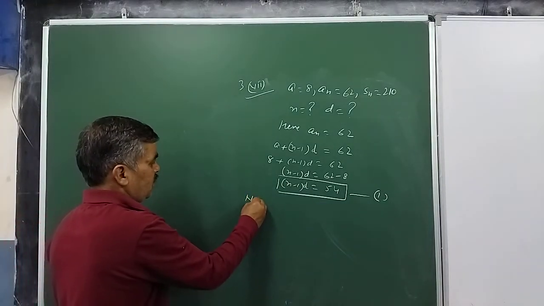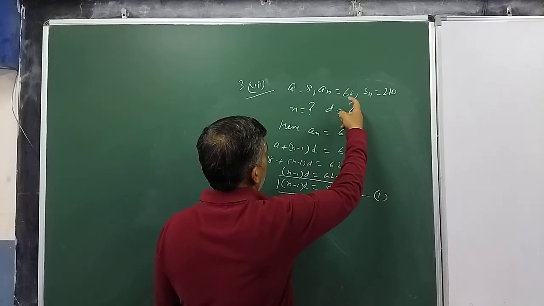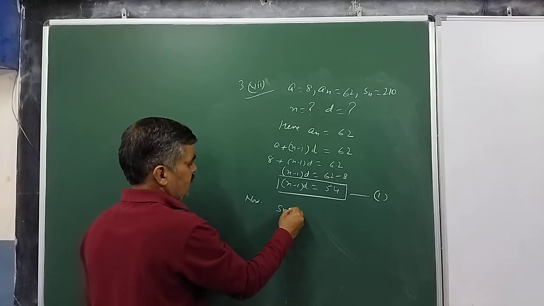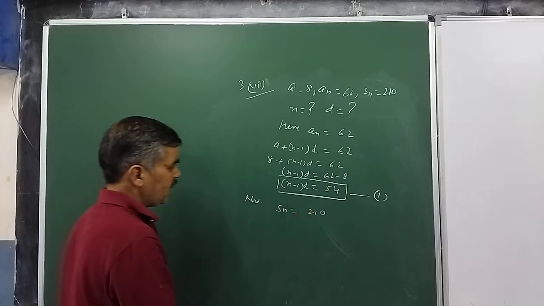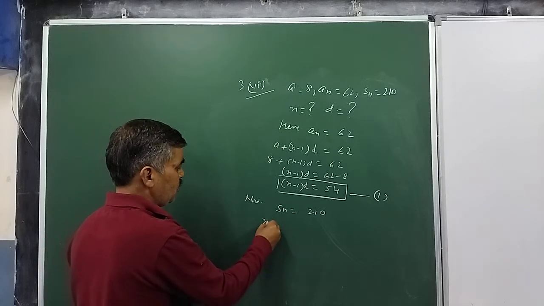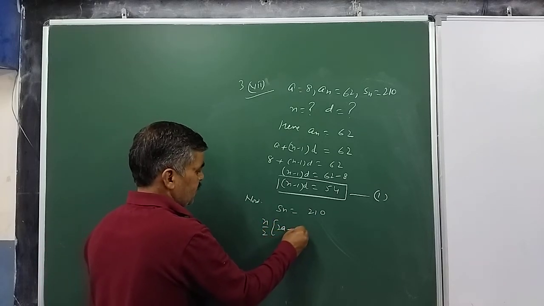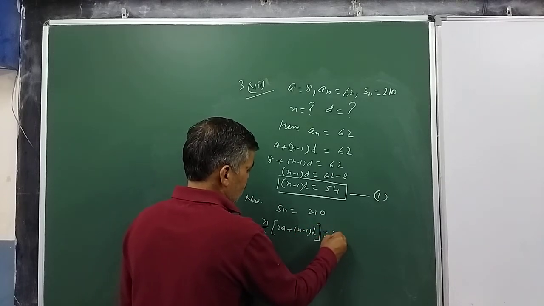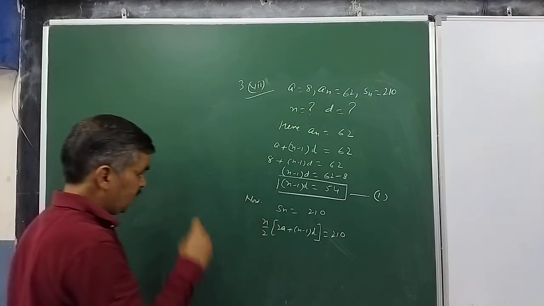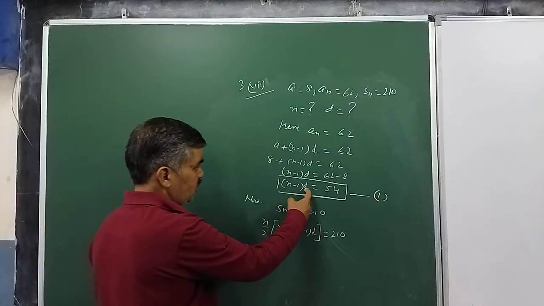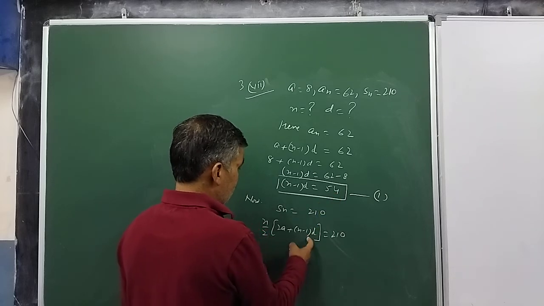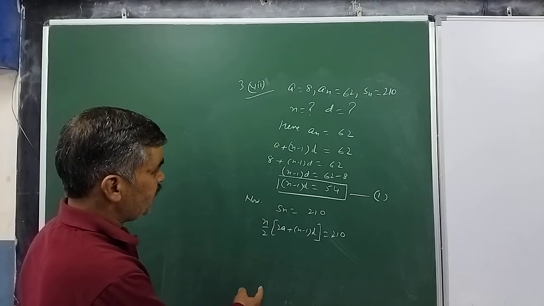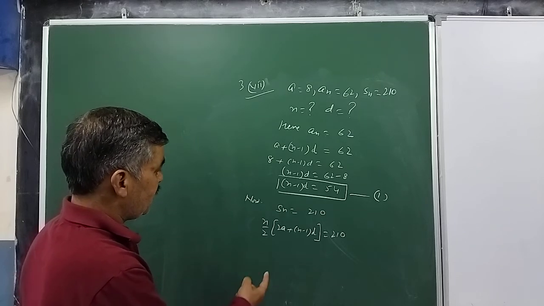Now again you see you are given with Sn. So Sn is equal to 210. So if I write the equation from here in terms of n by 2, so that is 2a plus n minus 1 into d is equal to 210. From here you see n minus 1 into d is equal to 54. If I put that value here, I will be getting either a in terms of n or n in terms of a, which will definitely help me.